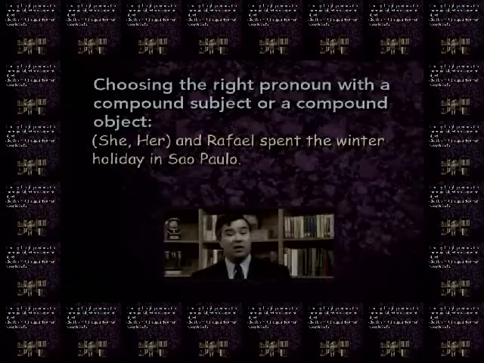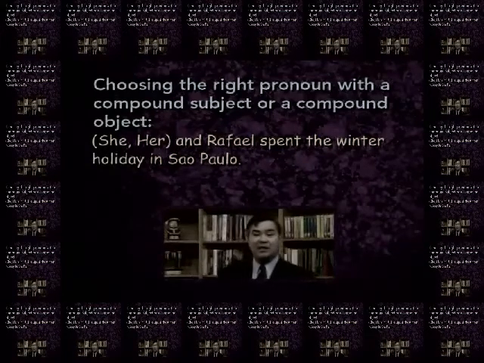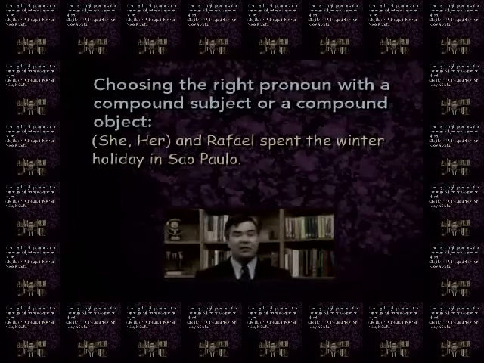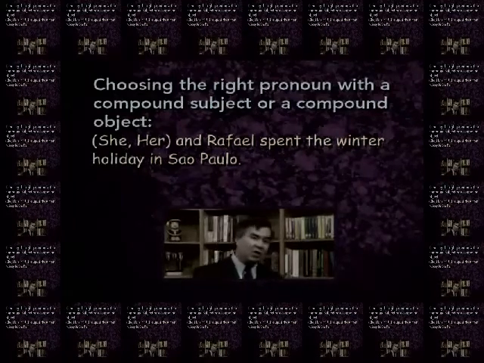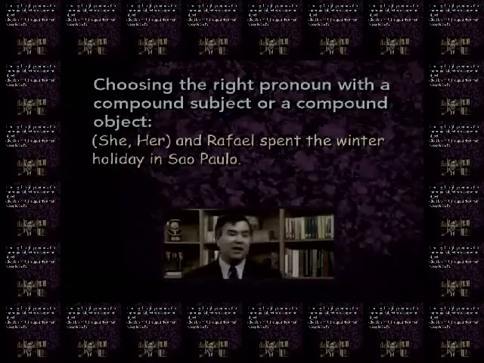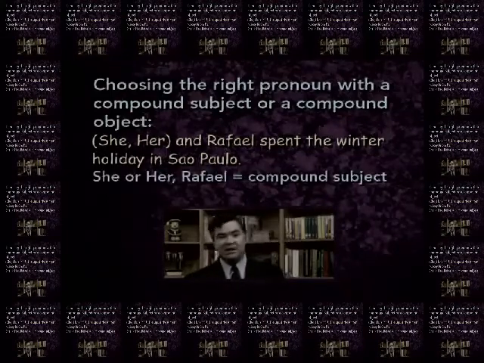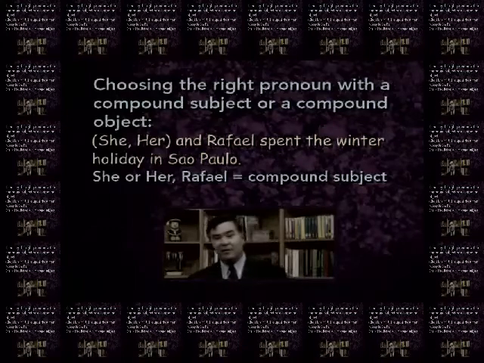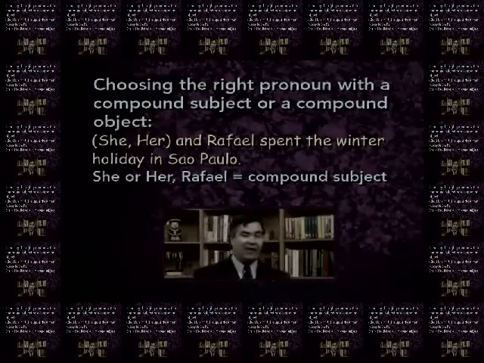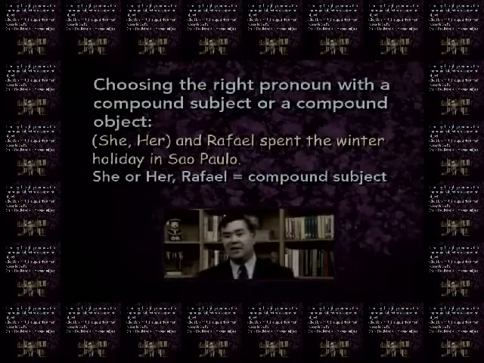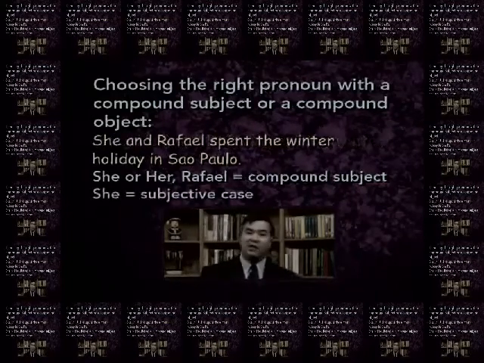"She or her and Raphael spent the winter holiday in Sao Paulo." Here we have a compound subject of the sentence. There are two people who spent the winter holiday in Sao Paulo. "She or her" is one of the subjects. Raphael is the other. Since we have a compound subject, the pronoun should be in the subjective case. Therefore, "she" would be correct.